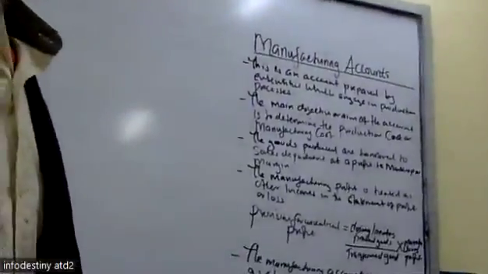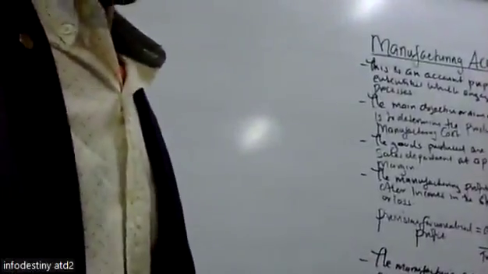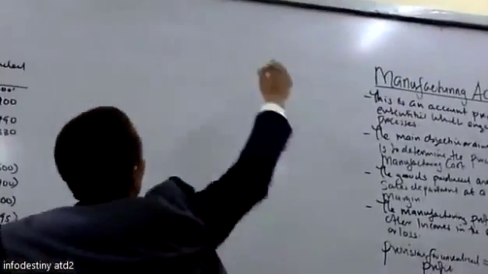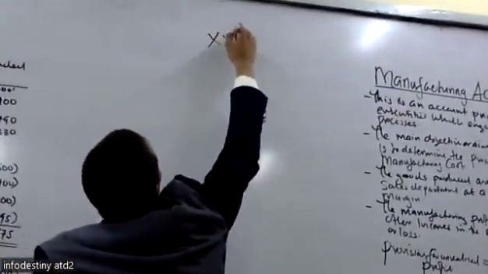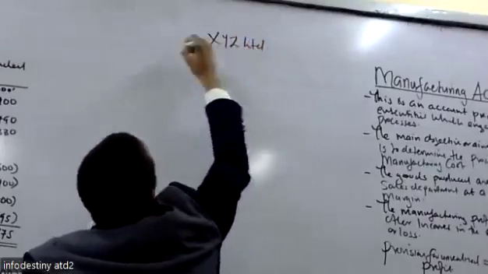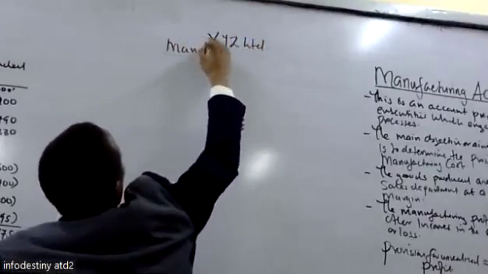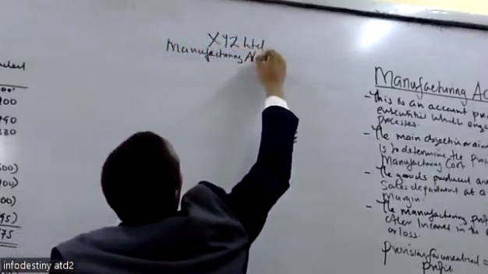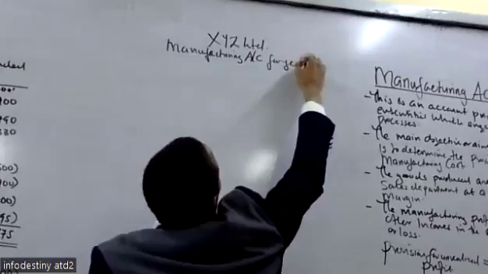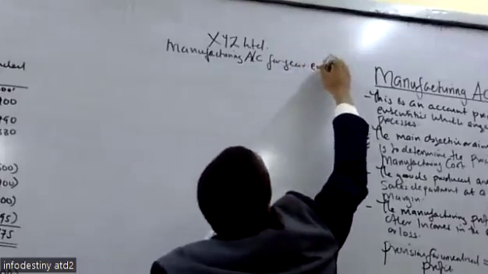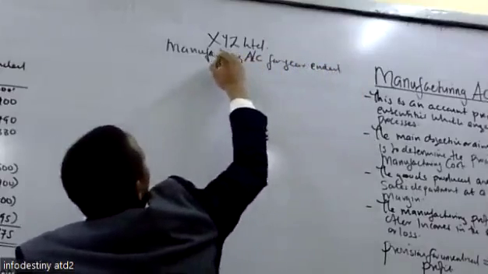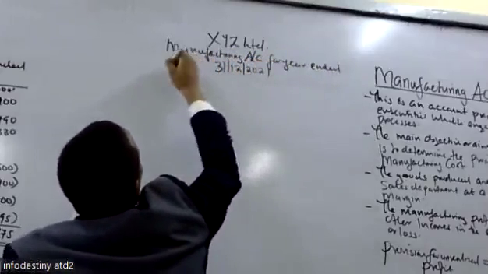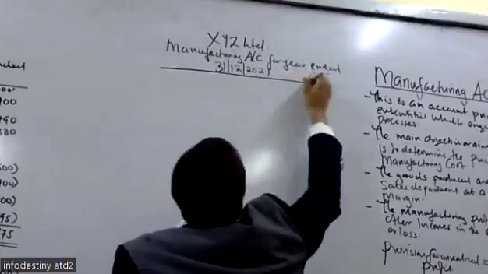So let's see how we prepare the manufacturing account. We can have XYZ Limited manufacturing account for the year ended 31st December 2021.